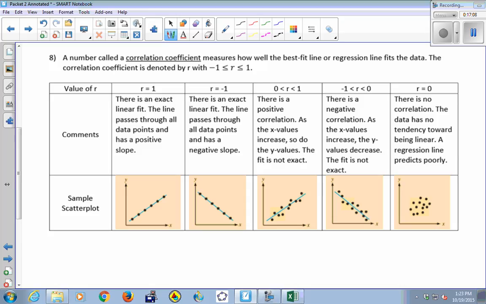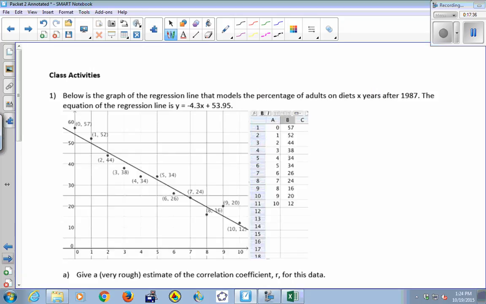So the data has no tendency towards being a line. It's just a completely random shot of points on the plane. So a regression line will give very poor predictions. So the closer you are to 1 or -1, the better the fit. Okay. And positive and negative just tell you whether your regression line has positive or negative slope. Okay, I'm going to let you play around for a bit.